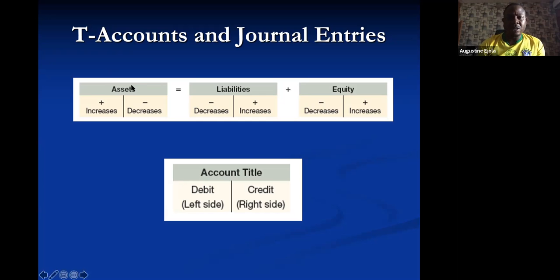So that will be the basis, and we've already established the fact that when we prepare our account, we know that on the revenue side, if there's an increase in your sales, you credit your revenue. If there is an increase in your asset, you debit the asset, and vice versa as the case may be.